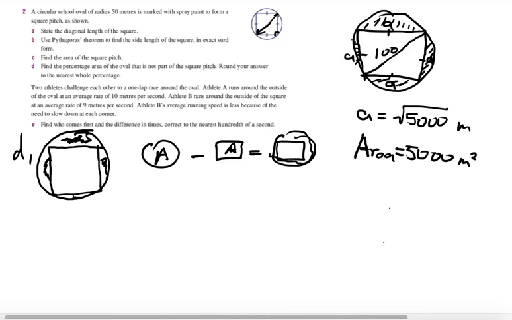So hopefully we remember that the area of a circle equals pi r squared. We know from what we're given up here, the radius is 50 meters. So it is equal to pi times 50 squared. Put that in a calculator.